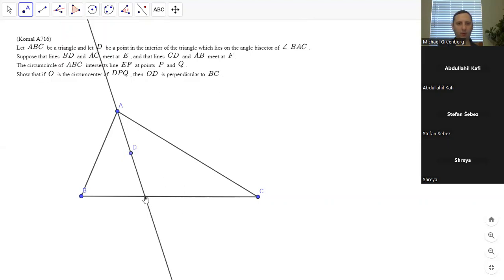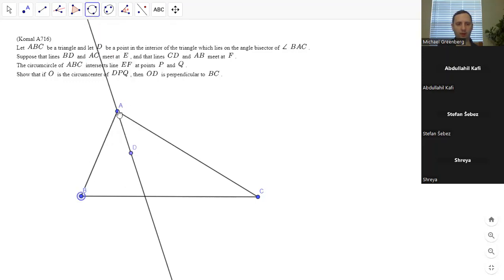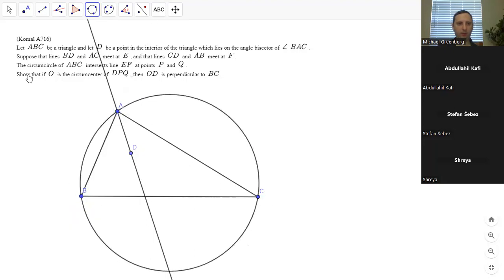We end up drawing the circumcircle, so I'm going to draw that right now. And I feel like I might as well draw the midpoint.